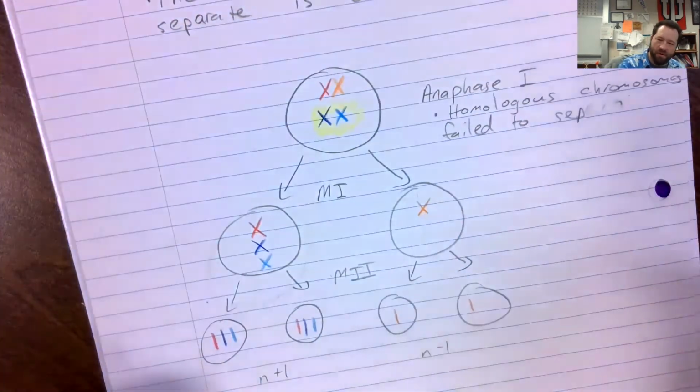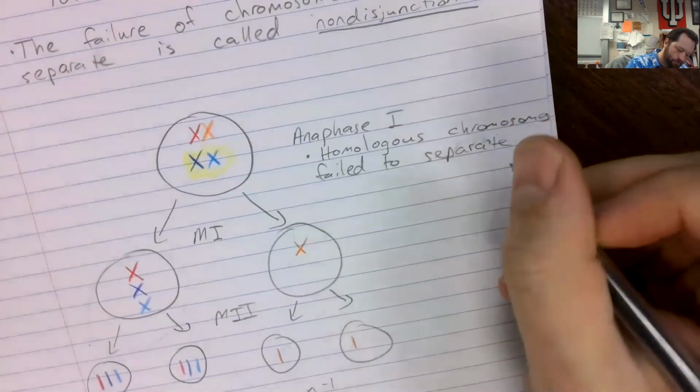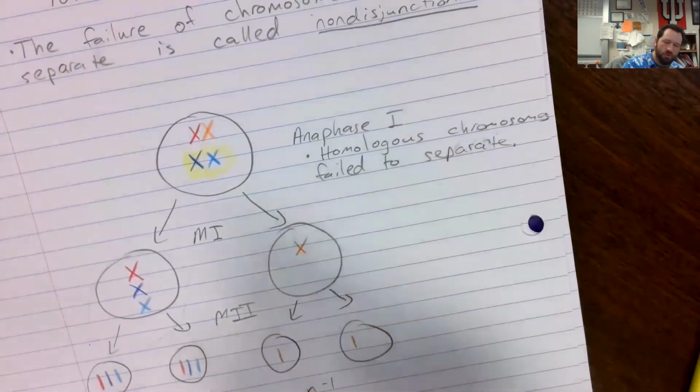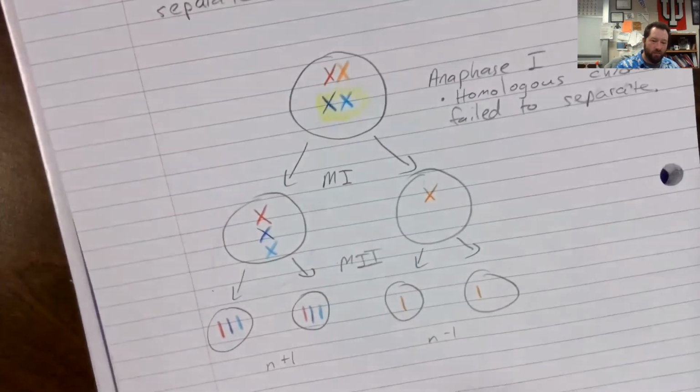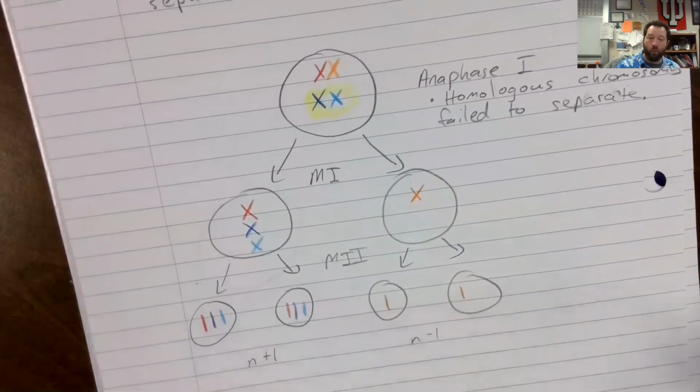Don't know why the word separate always gets me. The homologous chromosomes failed to separate, and you ended up with, again, some gametes have an extra chromosome, some have one too few.